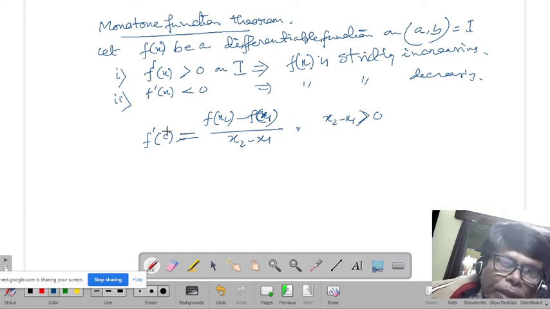If f dash c is greater than 0, then this is greater than 0, and this implies that f(x2) is greater than f(x1), so it is strictly increasing, isn't it? So this assertion has been proved, and if you take this one, then this is strictly decreasing.